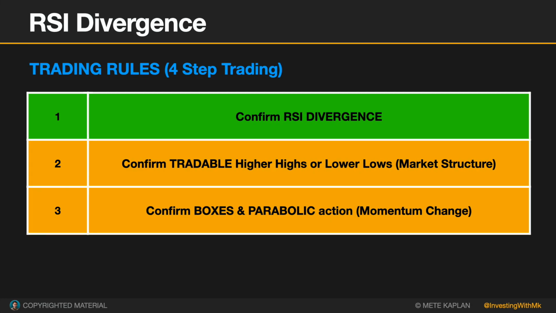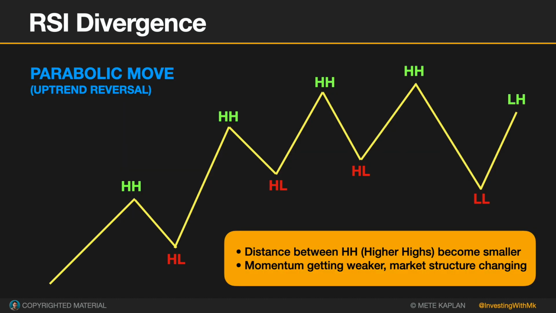Step 3. Confirm boxes and parabolic action. Step 3 is all about confirming the change in the market structure and the momentum. Momentum is all about whether buyers can push the price much higher than the previous higher high, or sellers can push the price lower than the previous lower low.